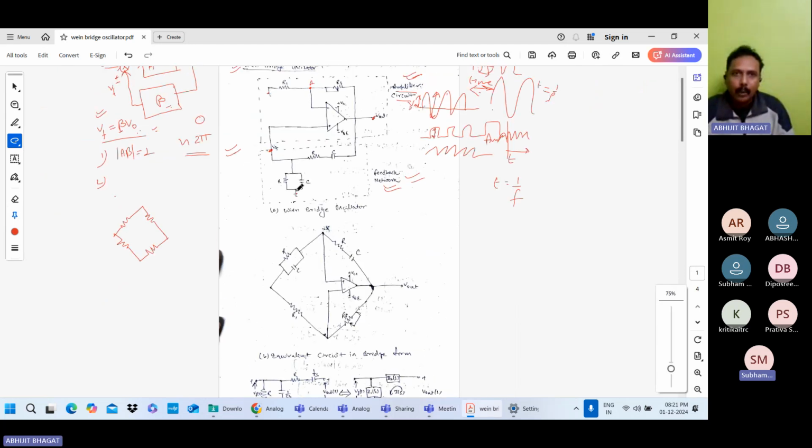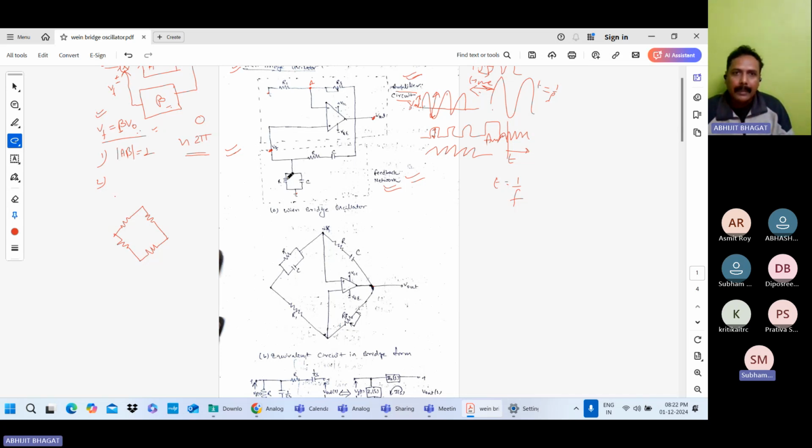This is VF. VF is connected to positive terminal of the op-amp. This VF is connected with this R and C parallel path, and also connected with this RC series circuit. RC series circuit, other terminal is across the output. So here it is. This is the output terminal. Next, this part you can see here.